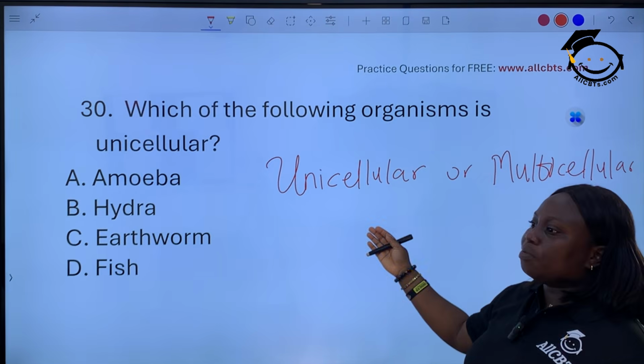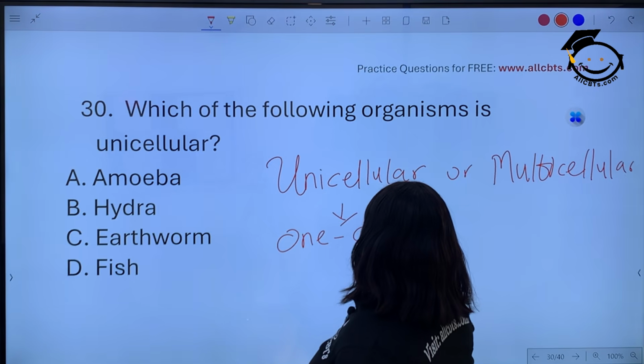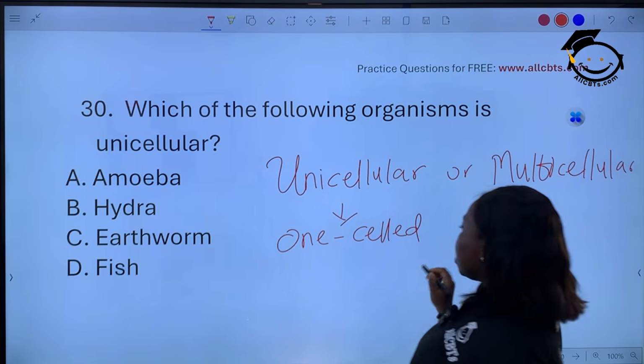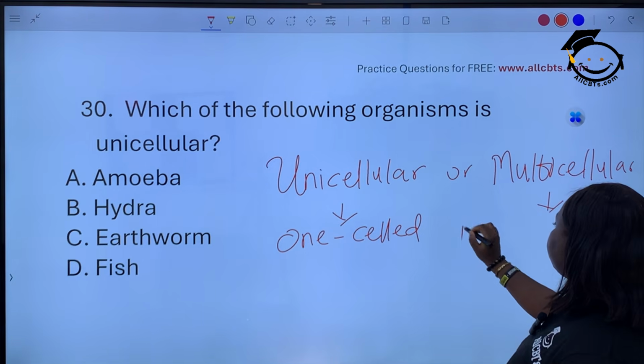Now what does unicellular mean? It means that it is one-celled. Now what does multicellular mean? It means that it is many-celled.